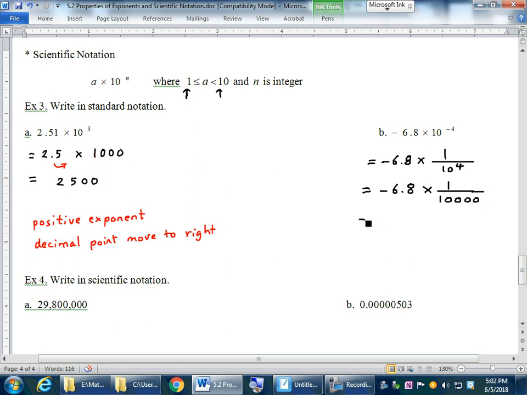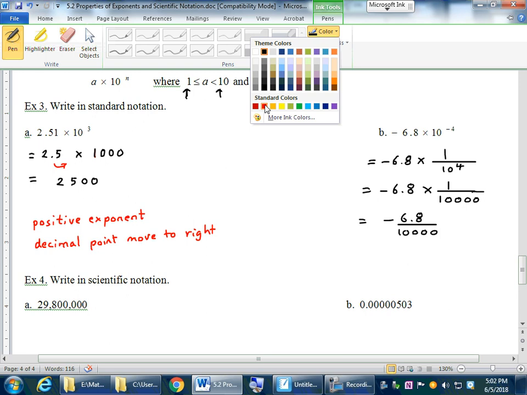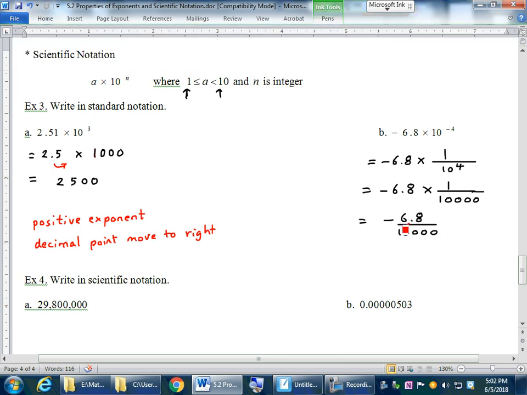Another way of saying it is negative 6.8 over 10,000. So a negative exponent on 10 is basically the same as dividing by 10, 100, or 1,000.